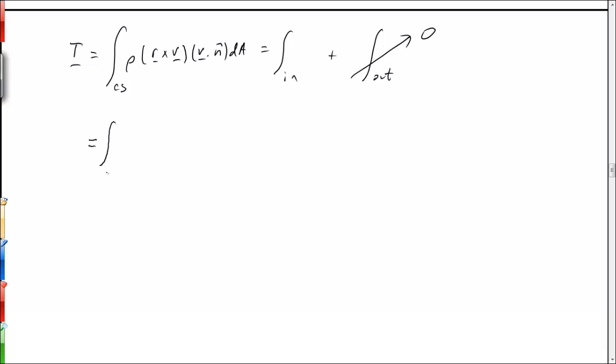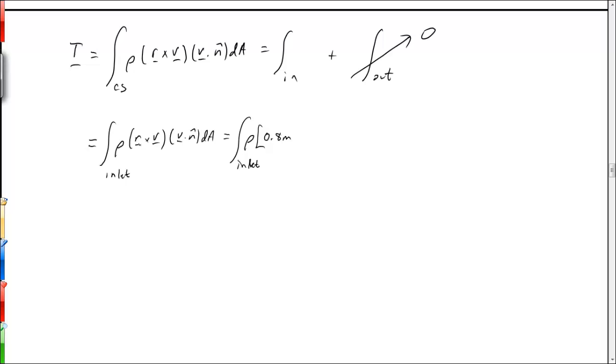So that means at the inlet, we have the integral over the inlet of rho r cross v times v dotted with n hat dA, which is going to be equal to the integral of rho times, well, let's see, r cross v is going to be the radius at the inlet, which is 0.8 meters, times r hat, crossed with, let me back up one sec.